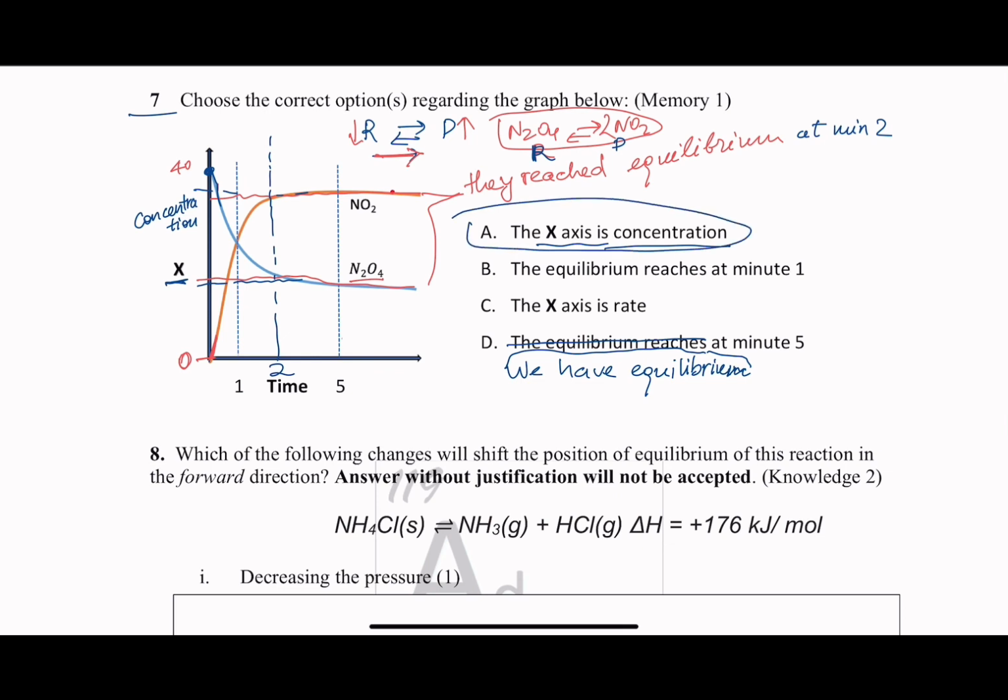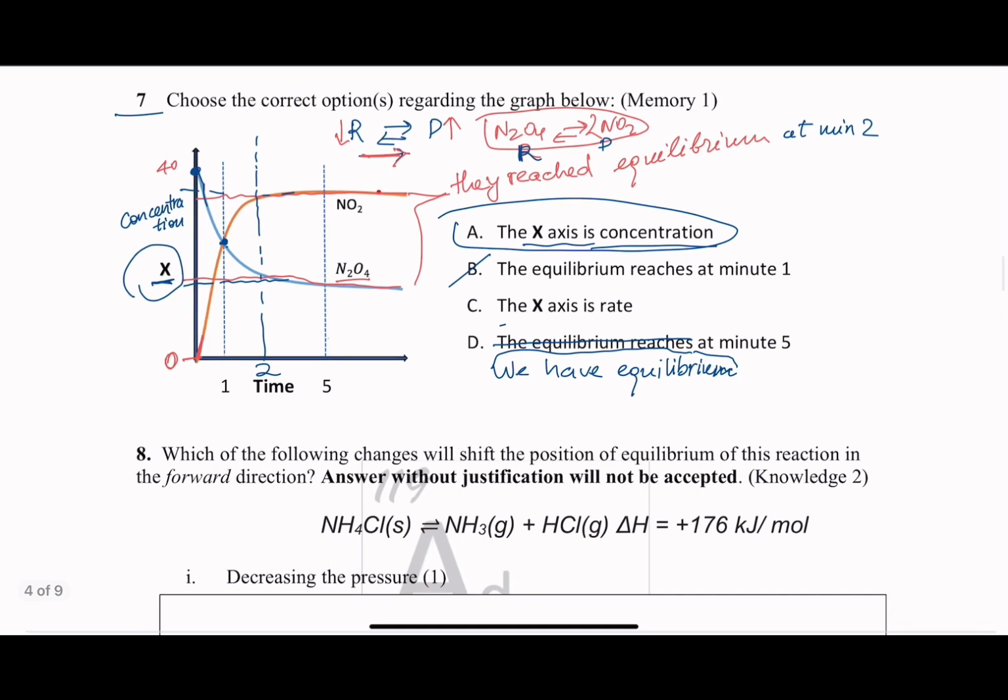The equilibrium reaches at minute 5. It's not correct. We didn't reach equilibrium at minute 1. X-axis is rate. So this is not rate. This is concentration, as we talked. The rate is going to look like this. Okay, so if I have my rate, we said that at equilibrium, both forward and reverse reactions reach the same rate.